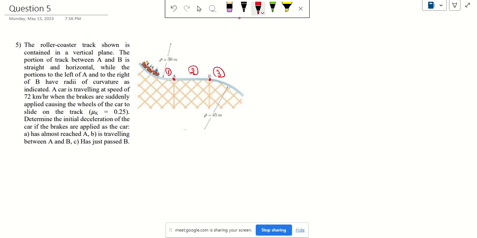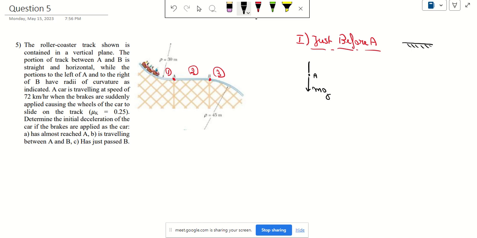So let us start with the first case, just before A. The first thing is to draw your free body diagram. At point A, you will find that you have a horizontal surface. So this is point A. This is weight.